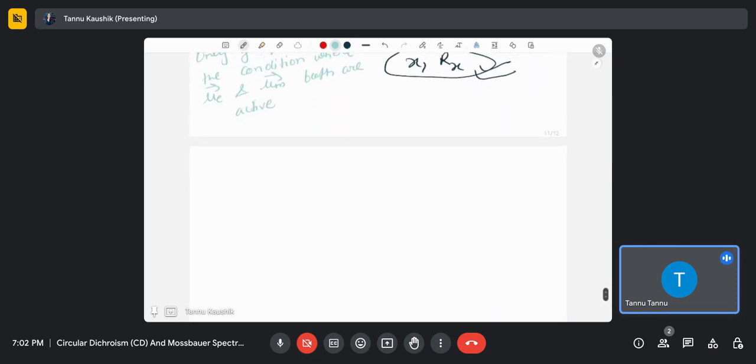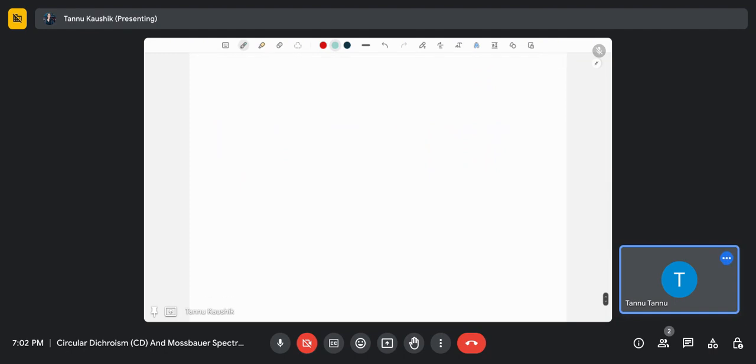So now we will look into a few examples, where we will find out whether these two criteria are being met, that is electric dipole and magnetic moment are both active together in the same molecule.